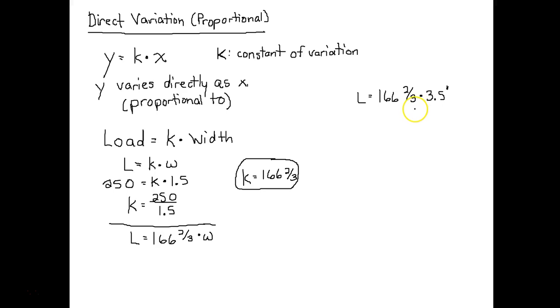What kind of load can that beam carry? Well, just multiply that width times 166 2/3, that constant, and you will get 583 1/3. And they've given us those loads in pounds. Now you've answered both questions. So the maximum load for the 3.5 inch beam was 583 1/3 pounds. Better not go over that. Might be in some trouble.